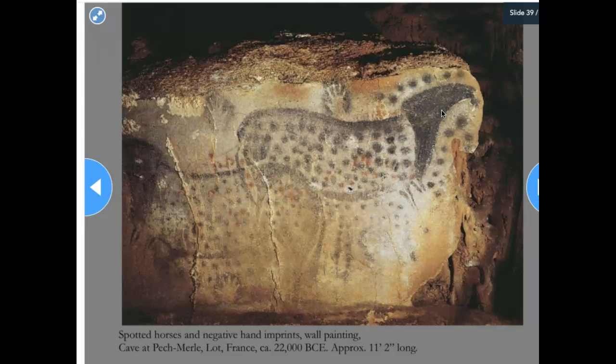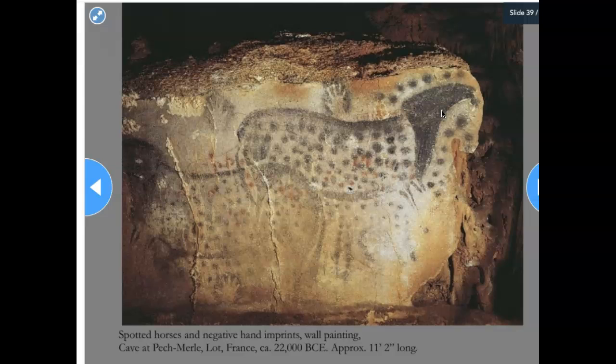So pigment is typically a color. If you want black, it's going to be charcoal. If you want red, it's going to be some sort of a mineral. If you want yellow, it's probably going to be some sort of a mineral, right? And then the saliva becomes the binder, the thing that holds the pigment together.